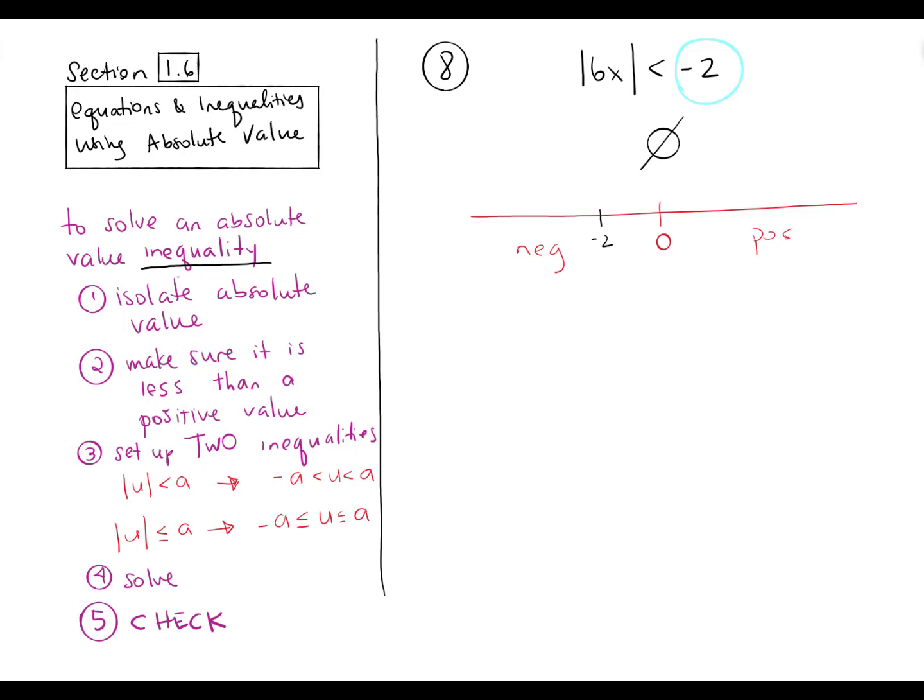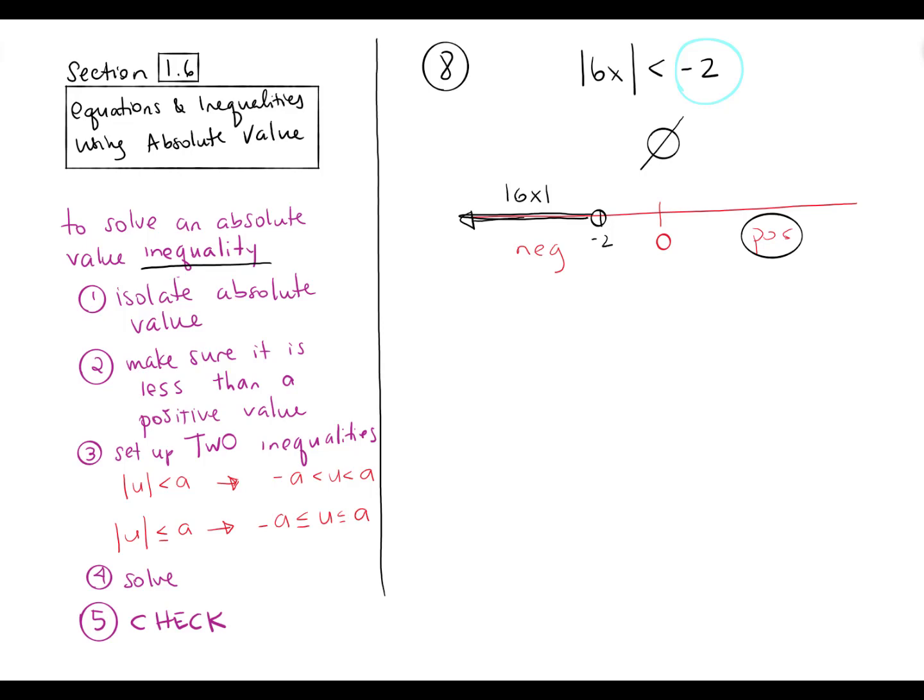Now what we're saying is somehow the absolute value of 6x must be less than negative 2, but that's not possible because the absolute value of 6x should always be positive. So we should be having numbers on this side of the equation, but we actually have this here. It's not possible, so we're going to throw it out. I'm going to use this illustration to do a couple other questions that aren't on our note pages.